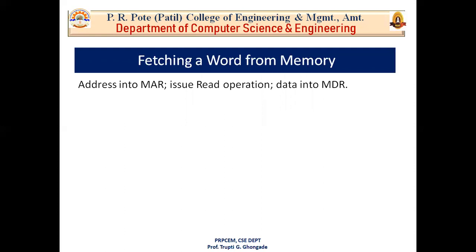It means that, for example, you have an instruction like ADD A, B. Somewhere in your memory, this instruction is stored. So first the processor has to specify the address of the memory location where that instruction is stored.